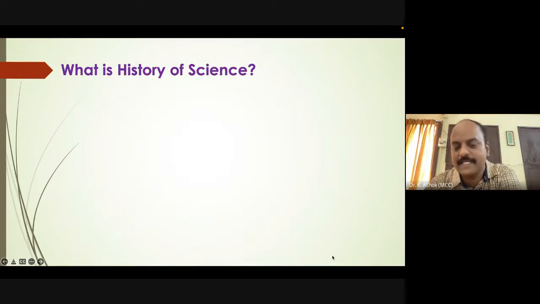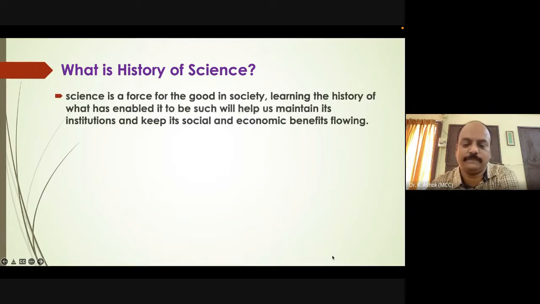So let us understand what is the history of science. Science is a force for the good in society. The learning of history, what has enabled it to be such, will help us maintain its institutions and keep its social and economic benefits flowing.